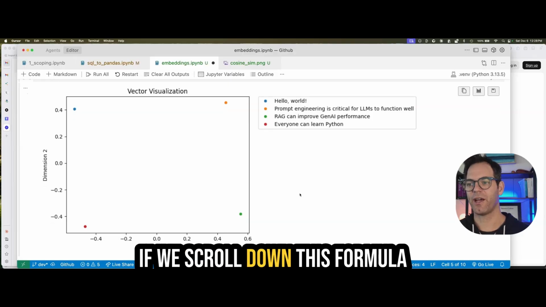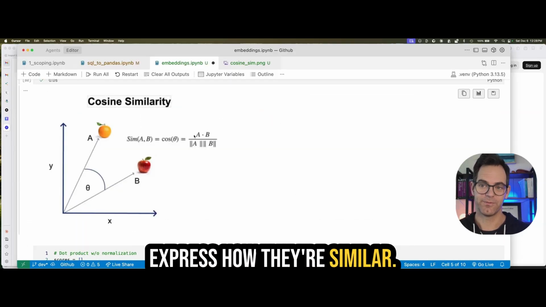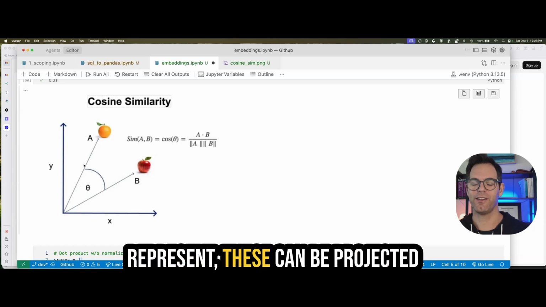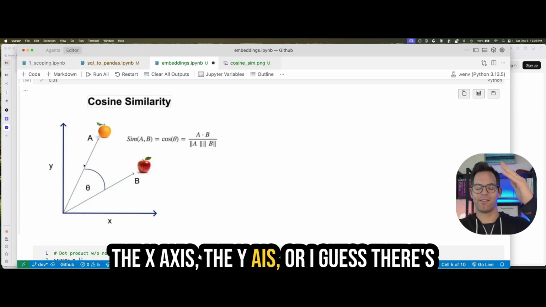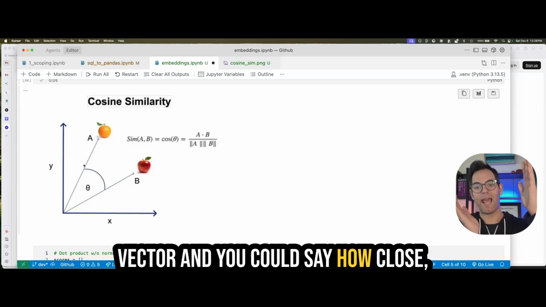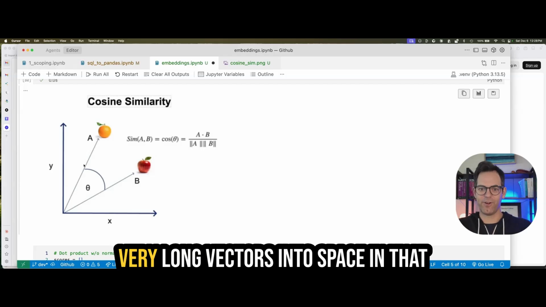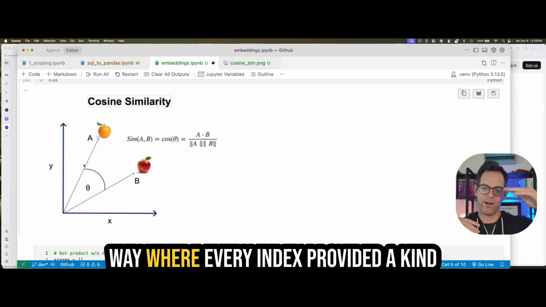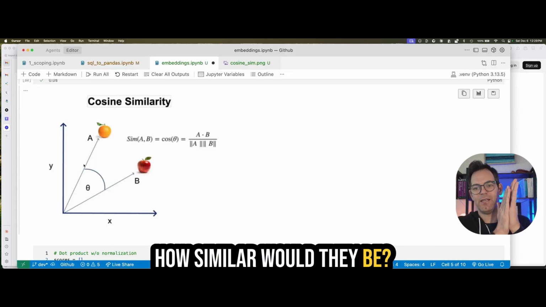If we scroll down, this formula is how we can start to express how they're similar. As I mentioned before, these can be projected into a space, which means that with the x-axis, the y-axis, or I guess there's 1,500 axes here, you would express the vector, and you could say how close, if I were to project these very long vectors into space in that way, where every index provided a kind of dimensionality to the expression, how similar would they be?